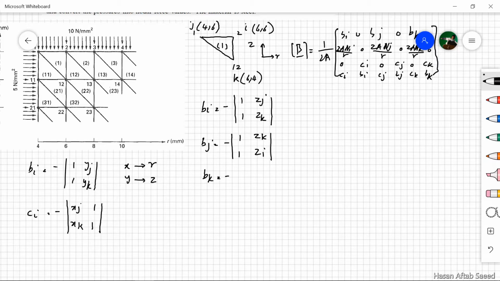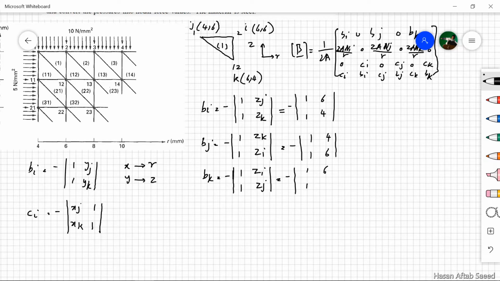Similarly, Bk is 1 1, Zi Zj. And if we put in the values from the diagram, here we have 1 1, 6 4, here 1 1, 4 6, and here 1 1, 6 6.